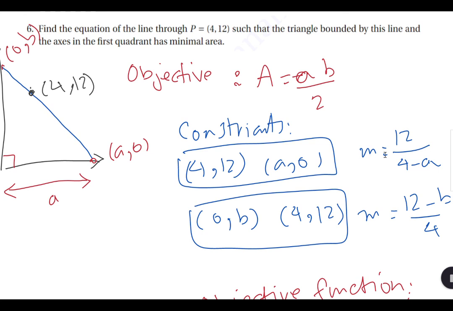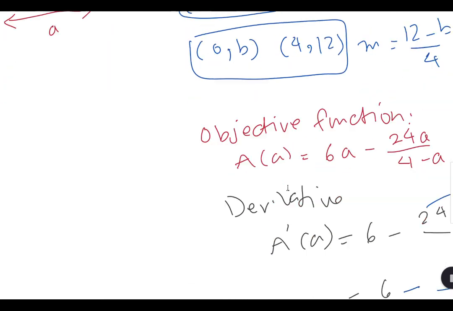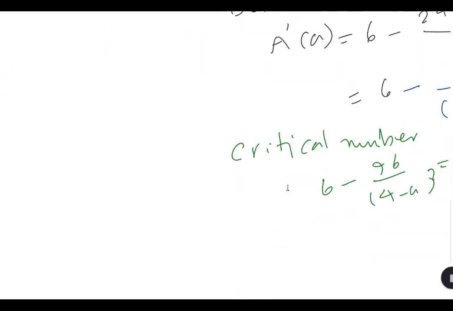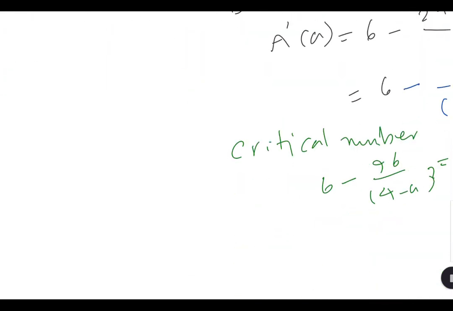I can plug it into there, and it would be 12 over 4 minus 8, which is negative 4, and you get negative 3 as m. So the critical number gives me m equal to 12 over 4 minus 8, which is negative 3. And I can write the equation of the line after that.